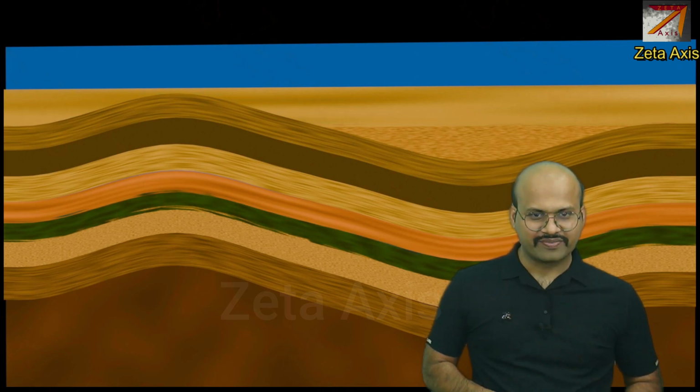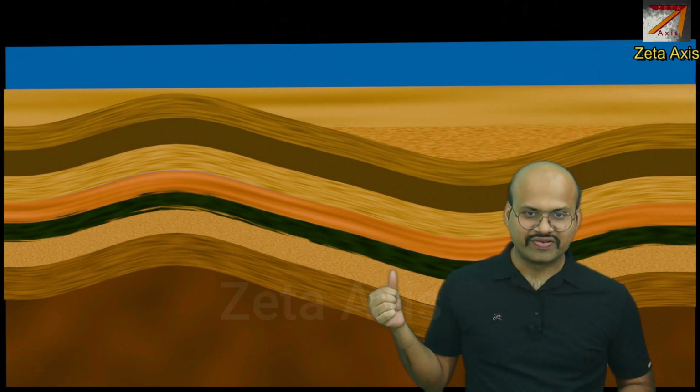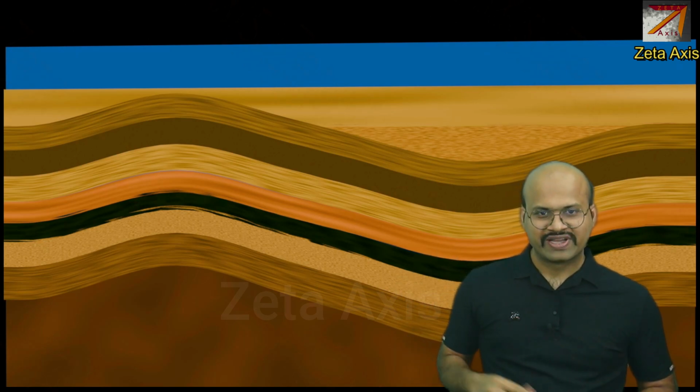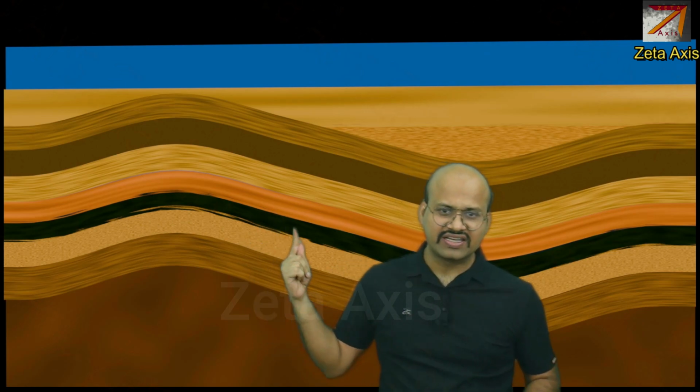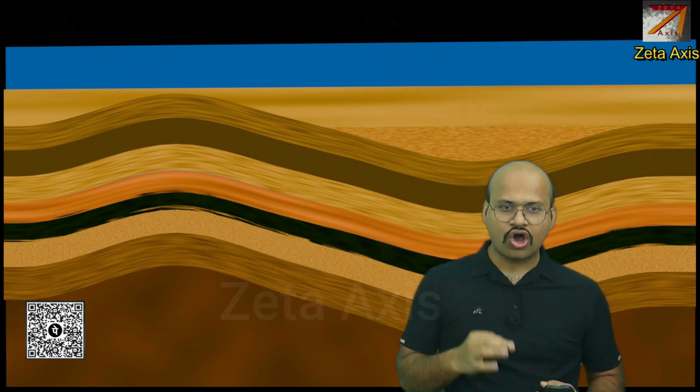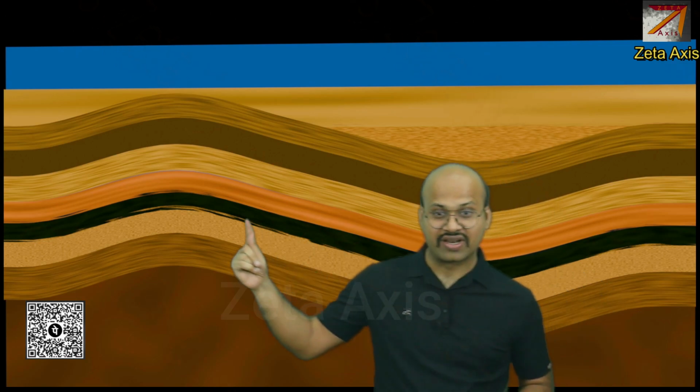Now over time we have seen that this kerogen will be converted into petroleum. But now suppose that this layer in itself is a shale layer, that is, a sedimentary layer which is impermeable, that is, the oil and gas cannot pass through this layer.